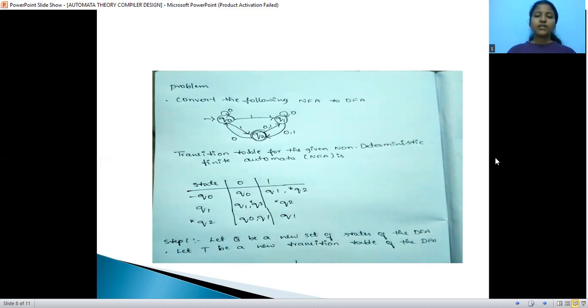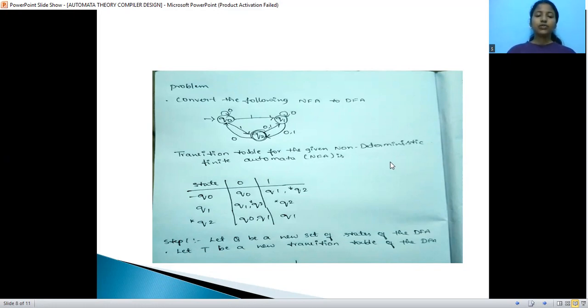Transition table for the given non-deterministic finite automaton. Q0, when given 0, moves to Q0. Q0, when given 1, moves to Q1 and Q2.